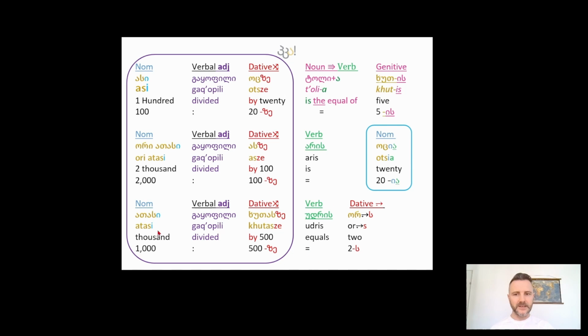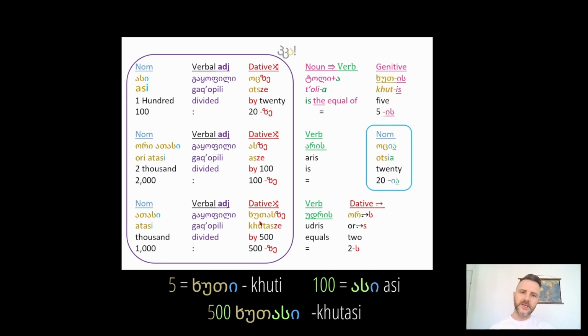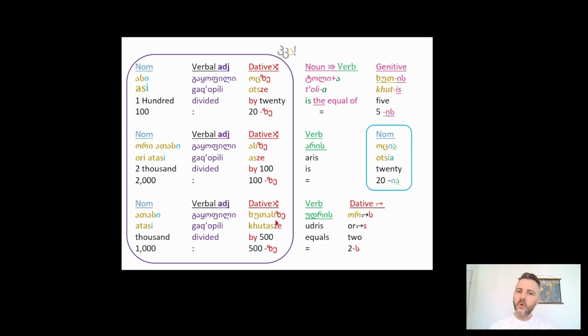So atasi, which is 1000 divided by 500. So atasi gaq'opili chutase udris ors. Paying attention to chuti is 5. Chutasi 500. So atasi gaq'opeli chutase udris ors.